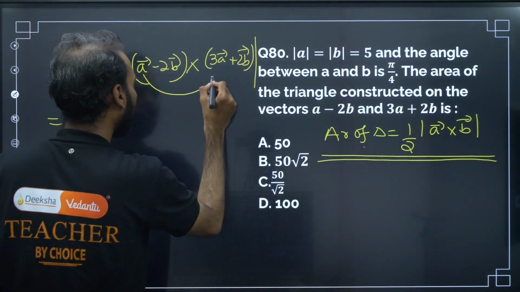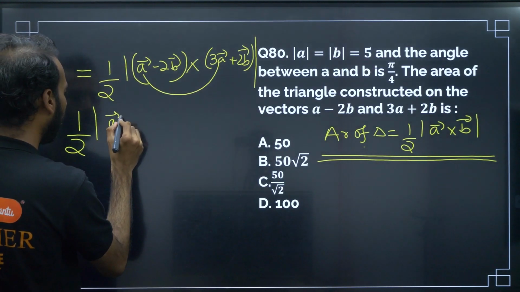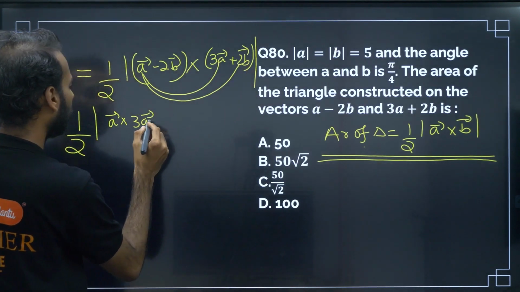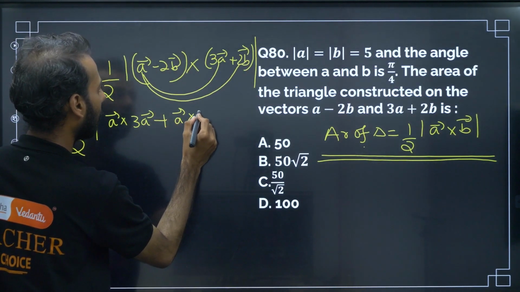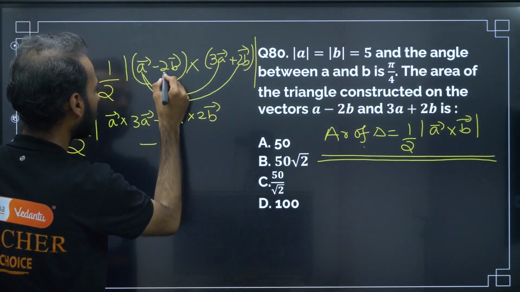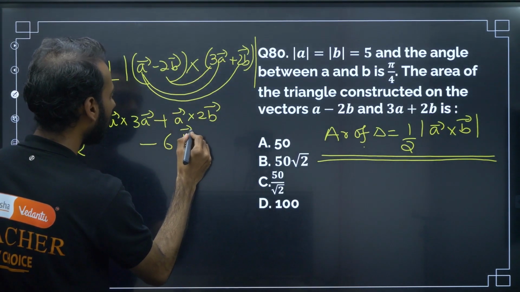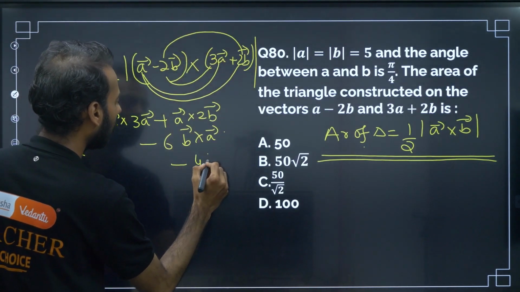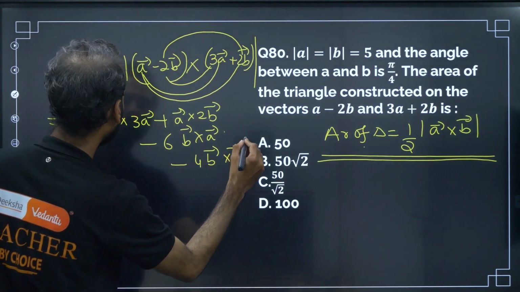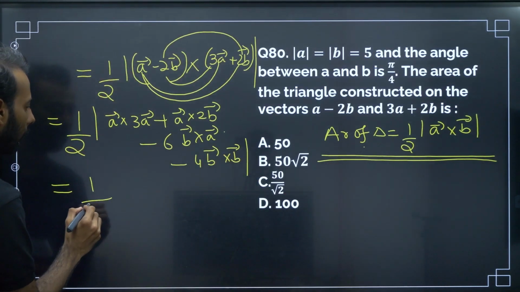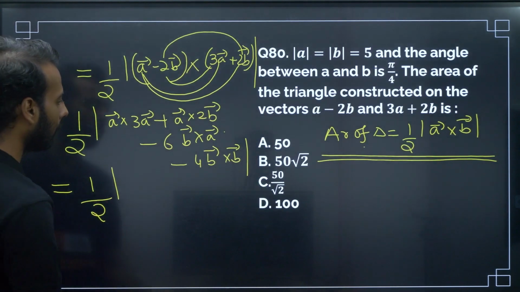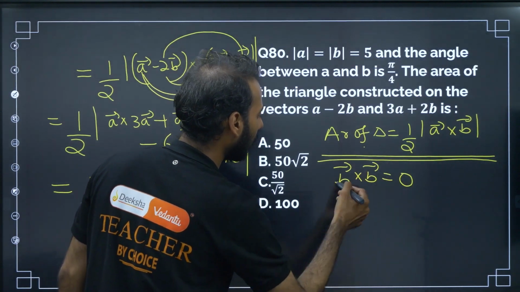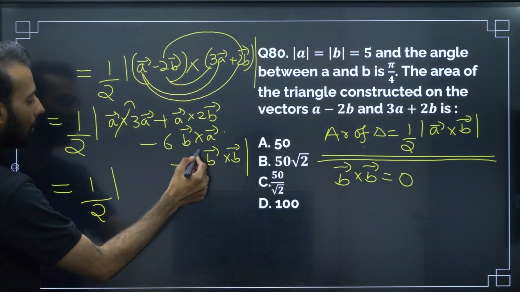Magnitude of a cross 3a, a cross 2b, plus a cross 2b, minus 2 threes are 6, b cross a, minus 4b cross b. Half of magnitude of b cross b, the value of one vector cross itself is 0, whether b cross b or a cross a. So this is 0, this is 0.